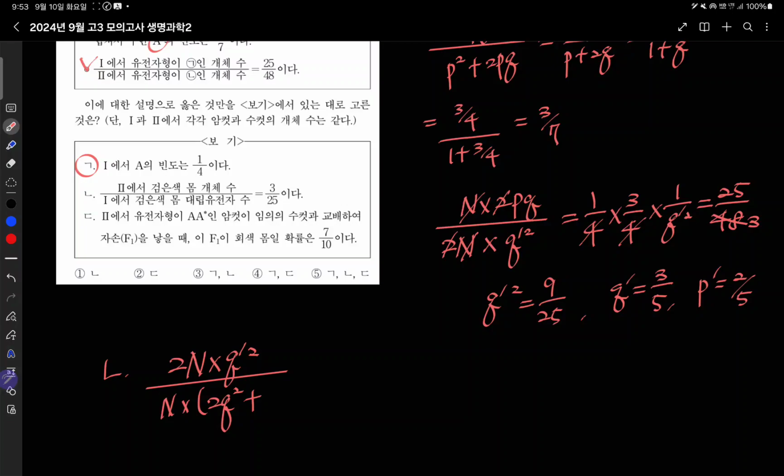And for the heterozygote, frequency is 2pq, and in this case we don't have to multiply by 2 because each individual has 1 allele. So cancel 2 and n.